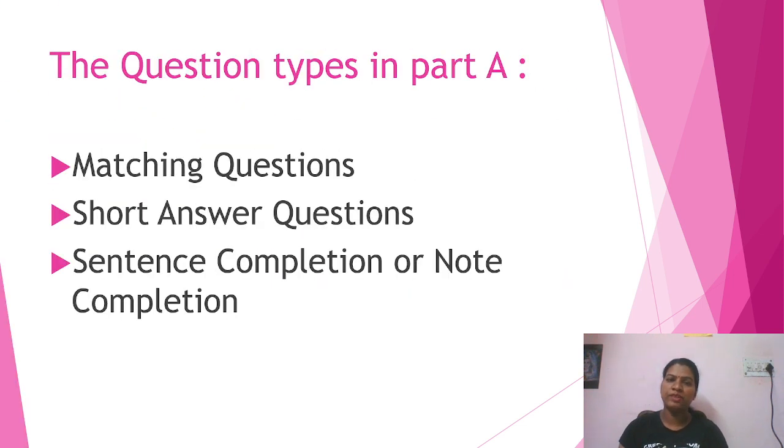The question types in OET Reading Part A are matching questions, short answer questions, and sentence completion or note completion. You get these 3 types of questions in OET Reading Part A.